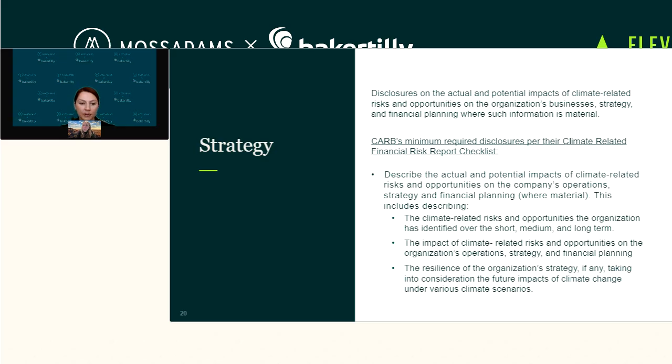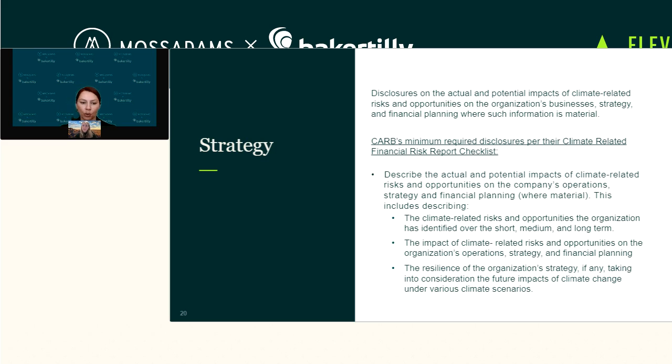So based on CARB's minimum reporting checklist, a covered entity will need to describe the climate-related risks and opportunities the organization has identified over the short, medium, and long term. Include a description of what you consider to be relevant short, medium, and long-term time horizons. Include a description of specific climate-related issues potentially arising in each of those time horizons that financially impact your organization.